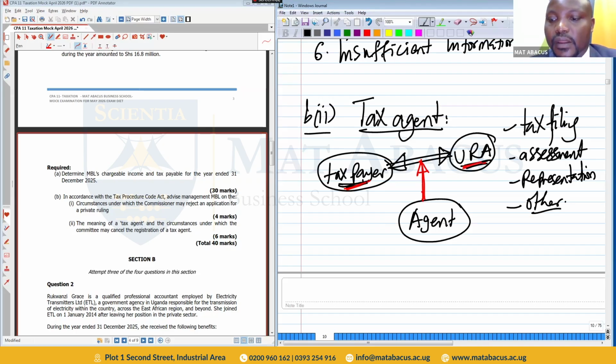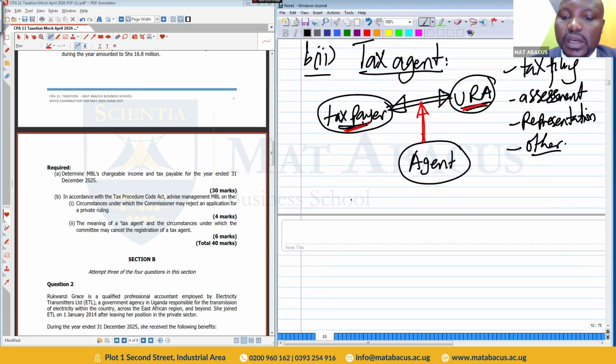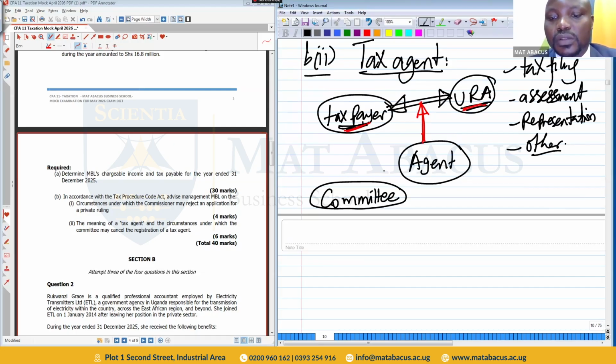Now, we brought in a concept, and we are saying committee. URA has a committee that is responsible for scrutinizing these tax agents and ensuring that any person registered as a tax agent on the URA register meets the criteria and is a fit and proper person to act as a tax agent.